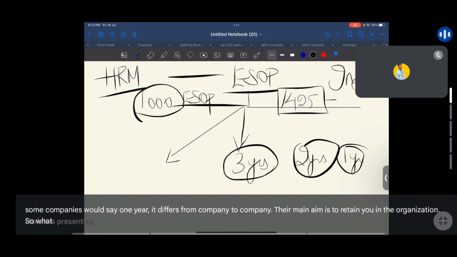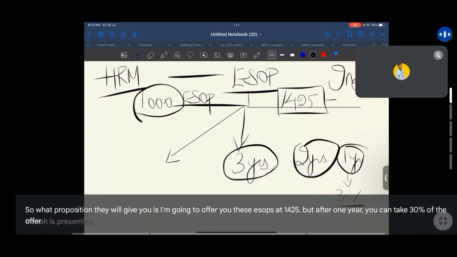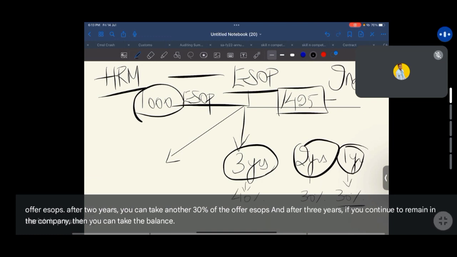So what proposition they will give you is, I'm going to offer you these ESOPs at 1425, but after 1 year, you can take 30% of the offered ESOPs. After 2 years, you can take another 30% of the offered ESOPs. And after 3 years, if you continue to remain in the company, then you can take the balance, 40% of the available ESOPs.